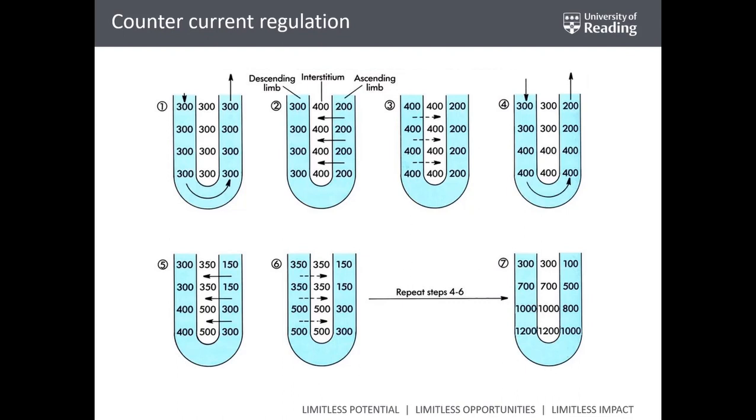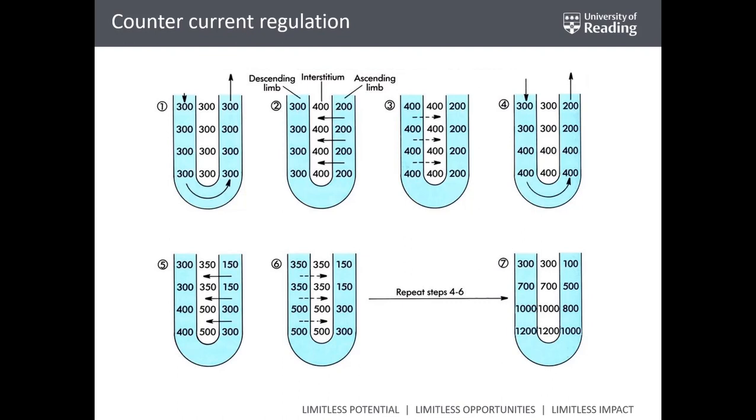The interstitium will have an osmolarity that varies between 400 and 300 milliosmoles per liter, while the descending limb will contain both filtrates that have 300 milliosmoles per liter in the upper end and 400 milliosmoles per liter in the lower end. And now the process occurs again.